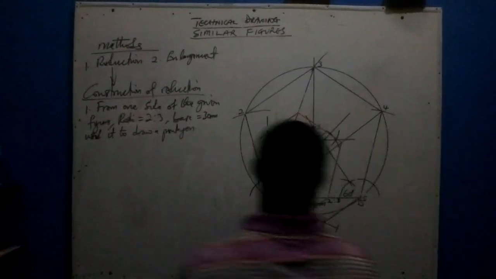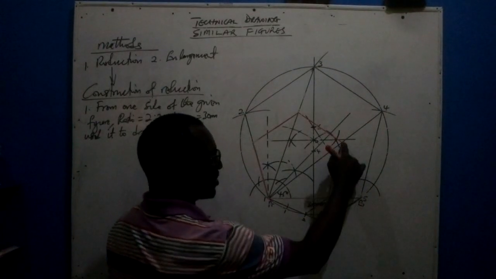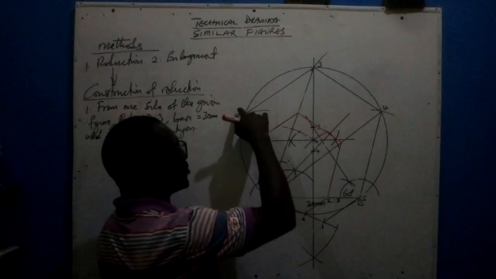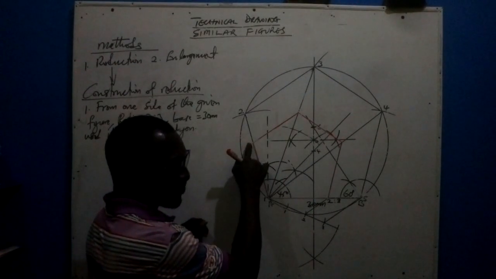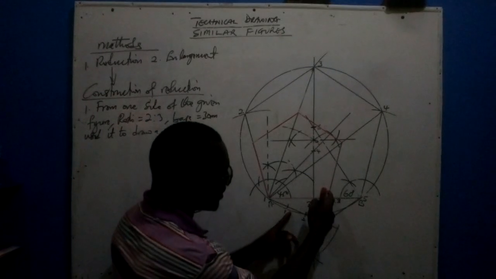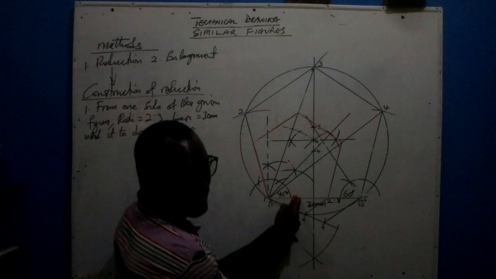Have you seen? Now the point 4 of the 2:3 has moved to here. Point 3 has moved. Point 2 has moved. If it was 1:3, it means that these points will now be around this place.